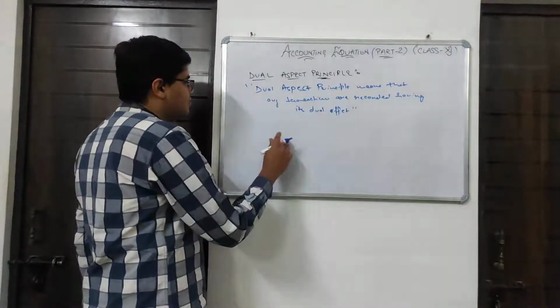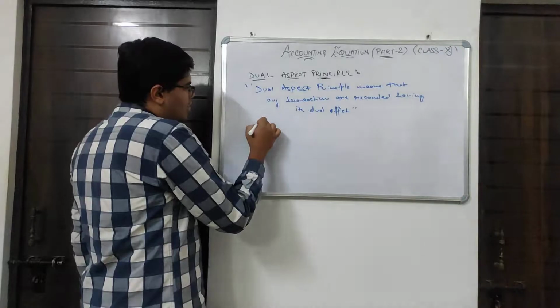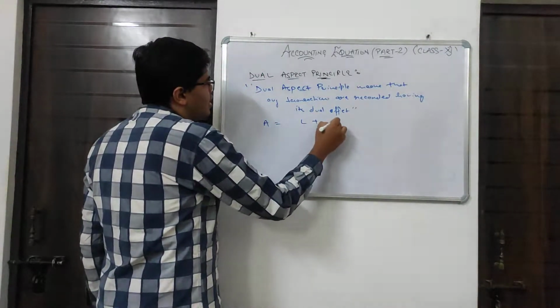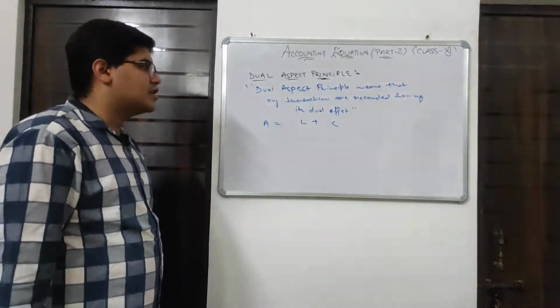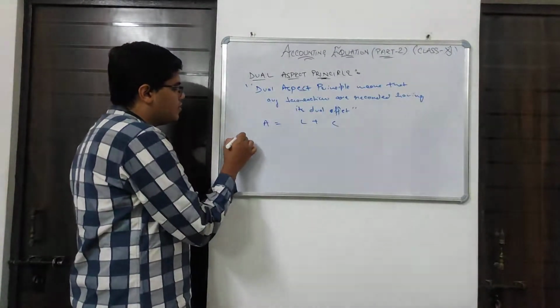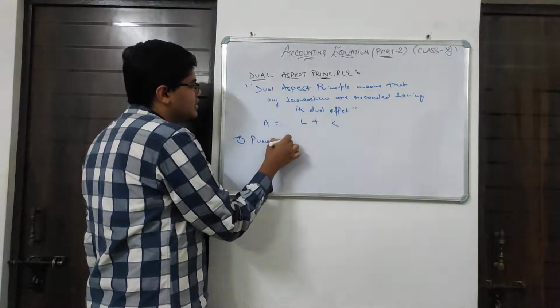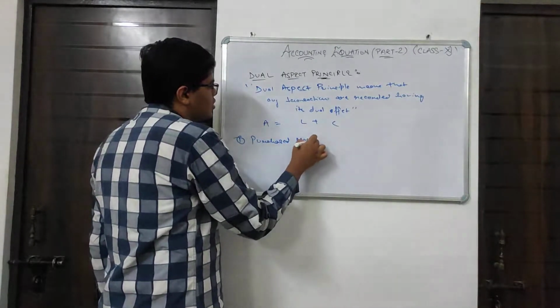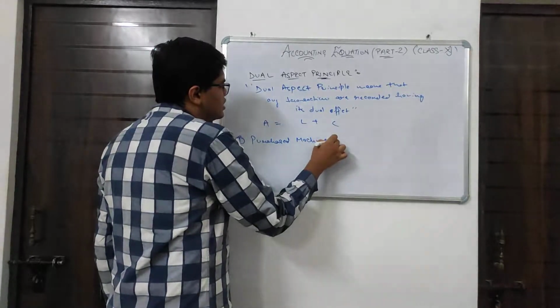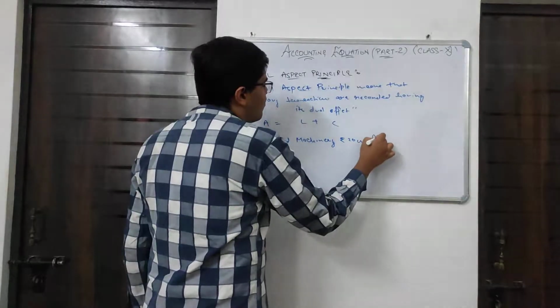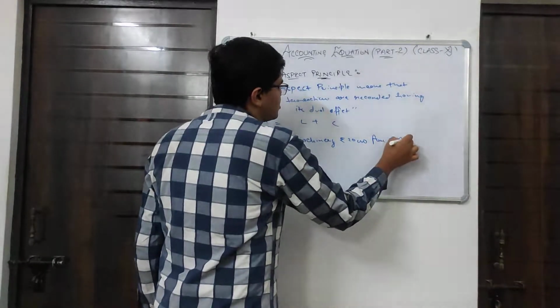For example, in the accounting equation, we have studied that assets is equal to liability plus capital. Now, first example: purchased machinery for rupees 20,000 for cash.